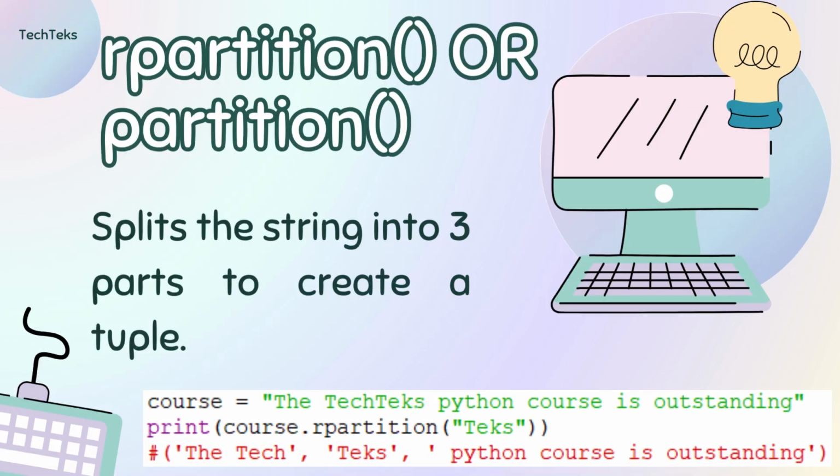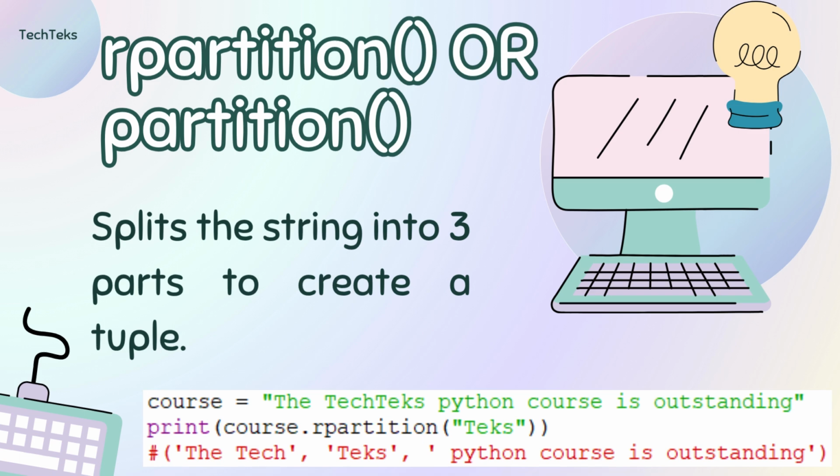Next, the partition method. This splits the string into 3 parts to create a tuple. So again, let's say we have a string in a variable called course. The string says the Techteks Python course is outstanding. We can split the string into 3 items in one tuple.